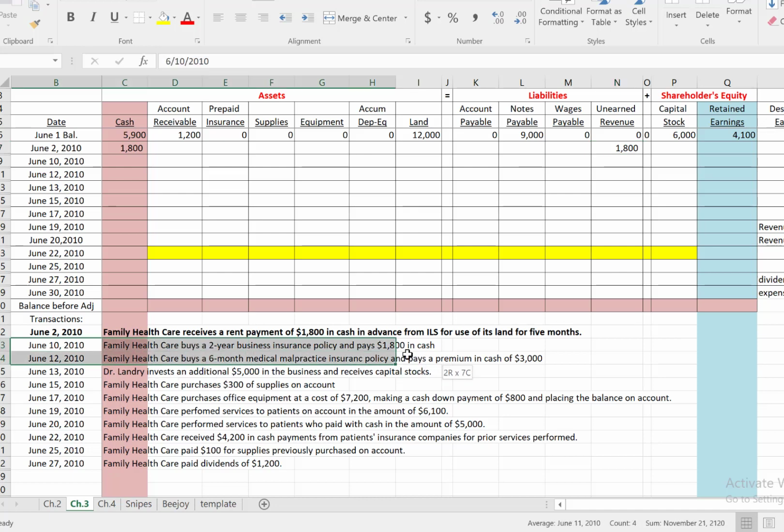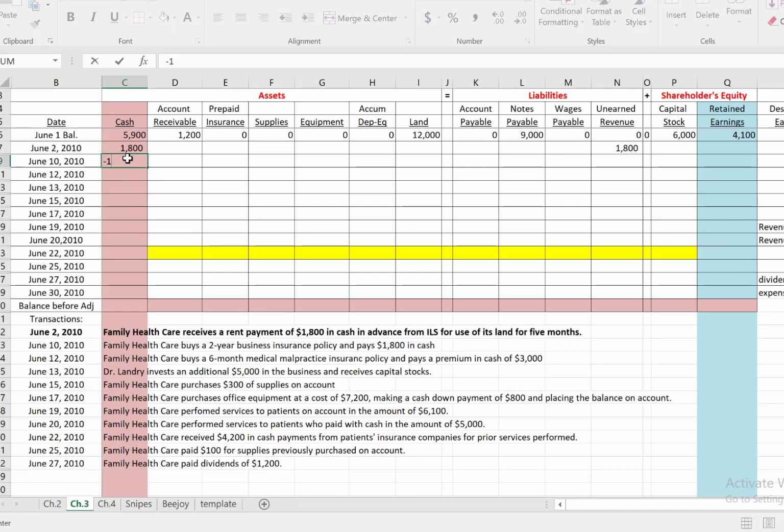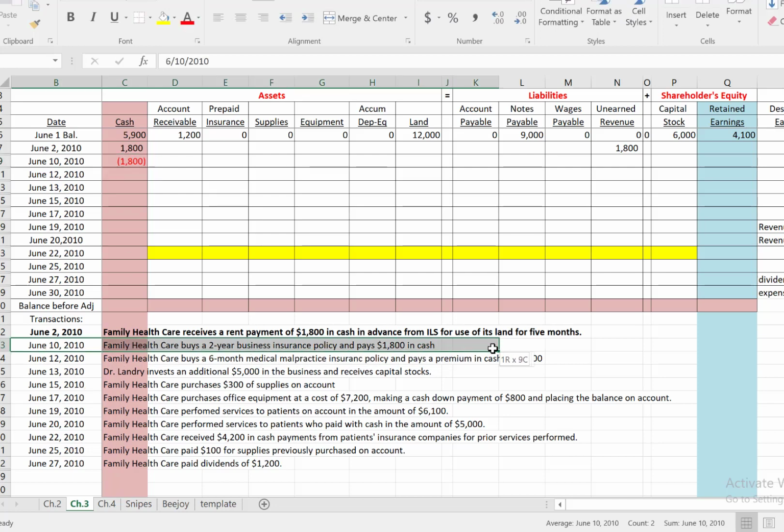The next transaction is that Family Healthcare buys a 2-year business insurance policy and pays $1,800 in cash. So since we paid cash, it's going to be a negative entry in cash. And you notice that the next piece of this is that what did we do?